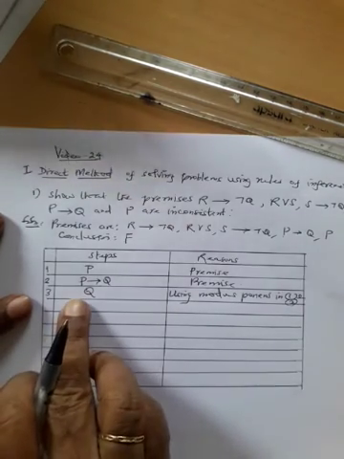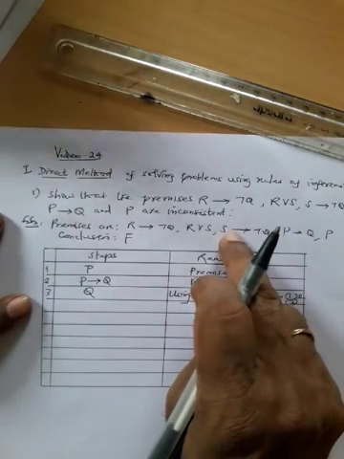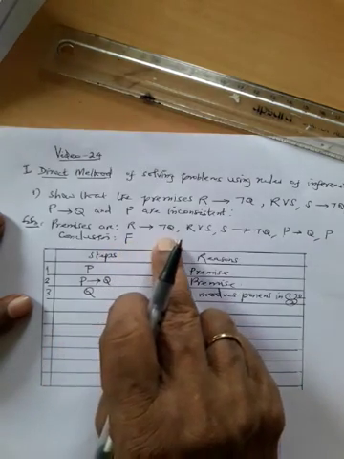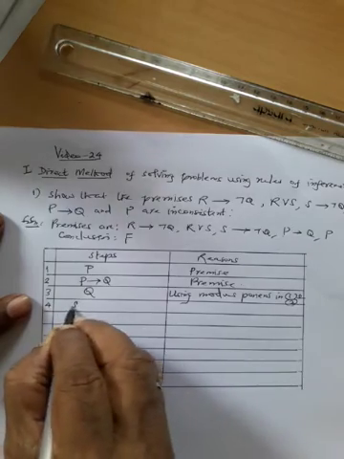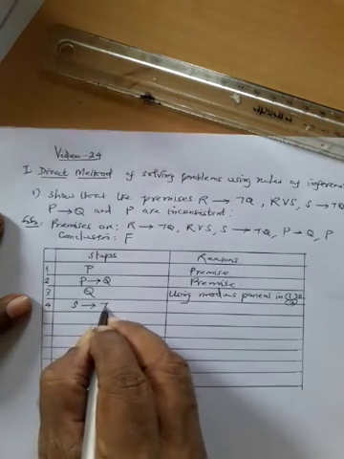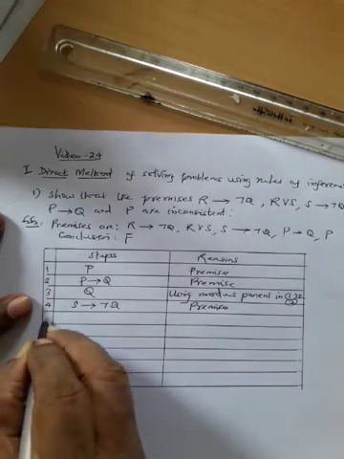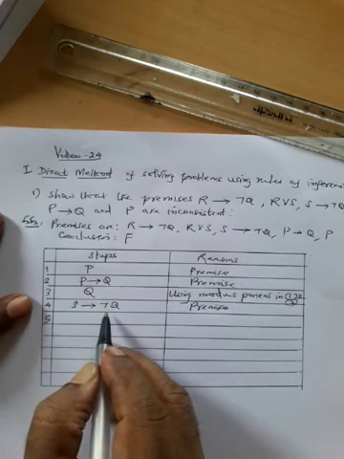Then after having Q, here Q is involved in S conditional negation Q, and also in R conditional negation Q. We can take any one of them. 4: S conditional negation Q, premise. Fifth one, now here we have Q, but here negation Q is there.